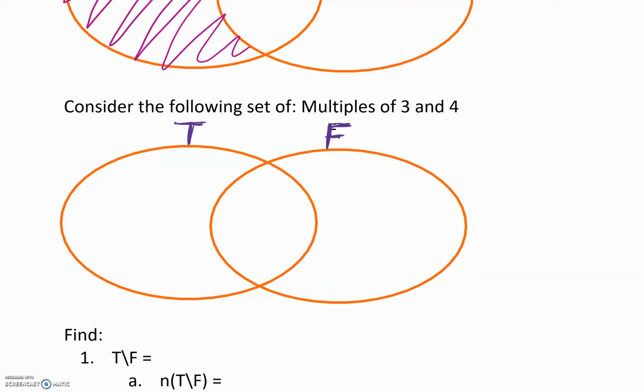So multiples of 3. So we have 3, 6, 9, 12 is common, 15, 18, 21, and then 24 is common. How about I stick with this set of numbers?